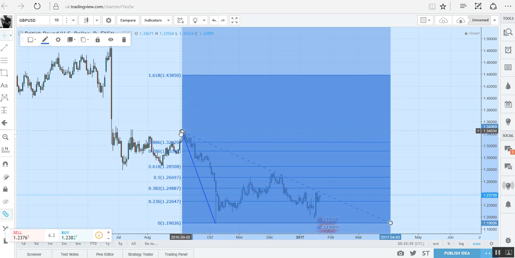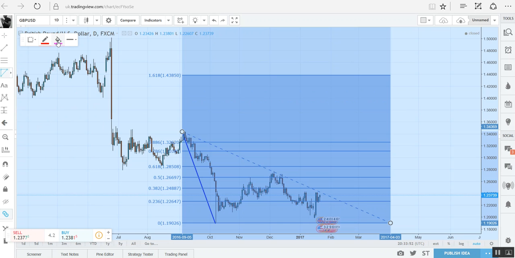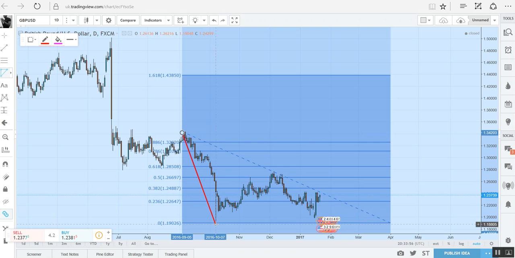So we've got the impulse, the X to A leg, and we got a 50% retracement. As soon as you see the 50% retracement, obviously that tells you that we are looking at a potential bat pattern. You don't need to move your Fibonacci levels around. You just need to, let's see.